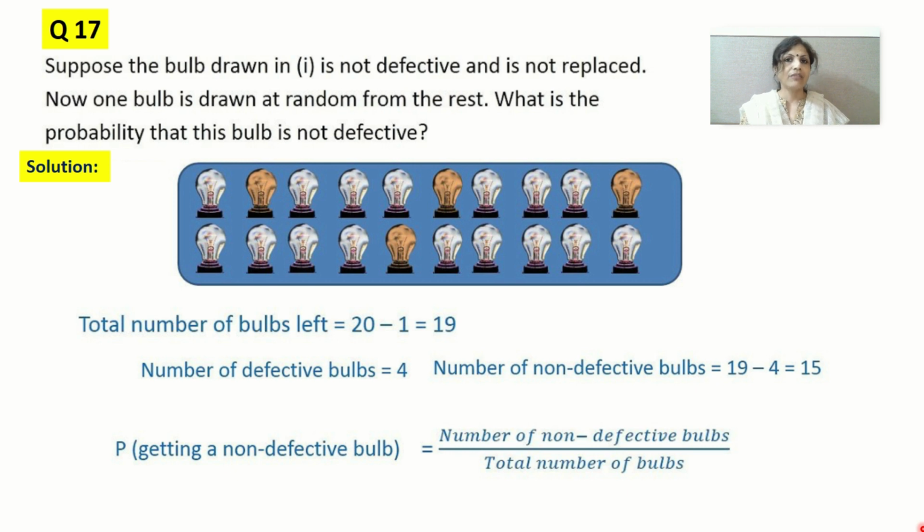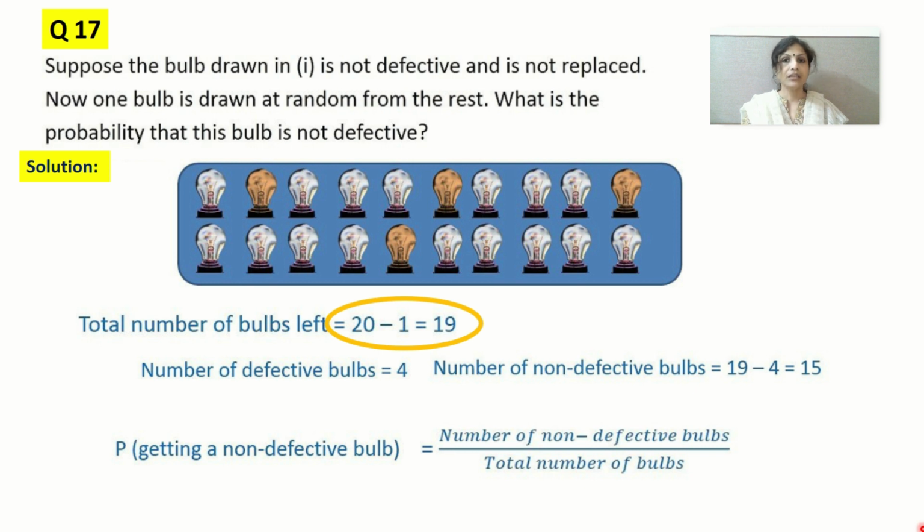See children, at the first step what is done? From the 20 bulbs, one bulb is taken and they said it is not defective and that bulb has been kept aside. Then how many bulbs will be there with us? There will be 19 bulbs because one bulb is taken aside. Now from these 19 bulbs, they are asking what is the probability that the bulb is not defective.